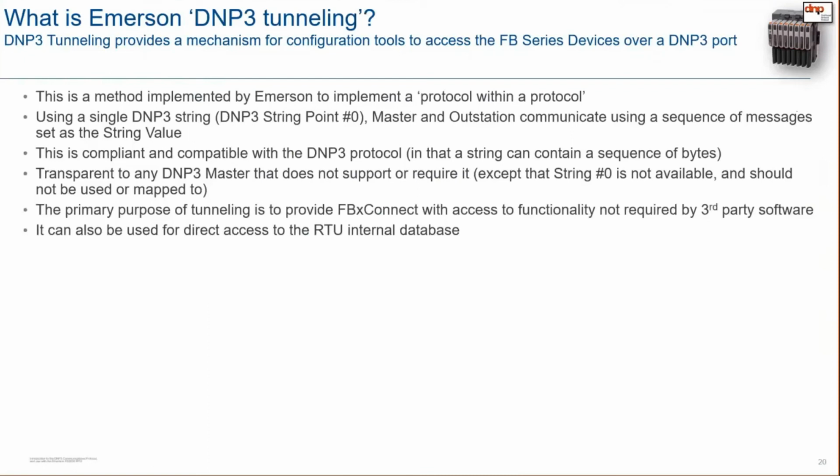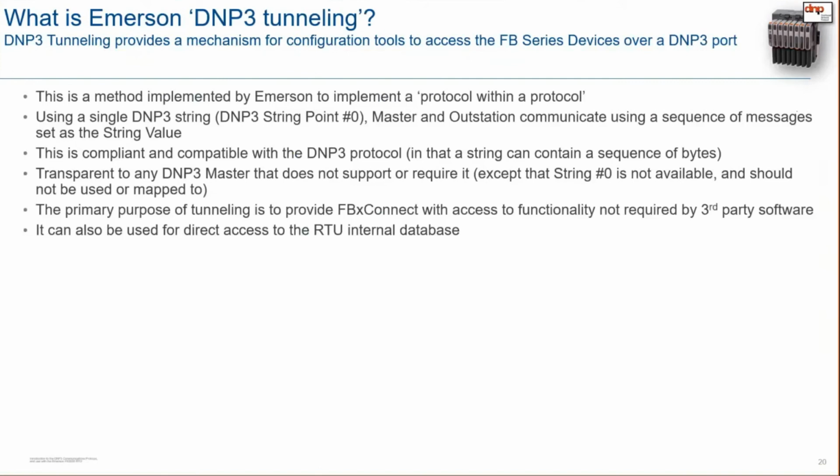We've effectively come up with a mechanism whereby we've implemented a protocol within a protocol. And the way we've done it is with a DNP3 string, that's a point type, the string point type, with the index of 0, which the SCADA master and the RTU can read and write to. So they communicate by changing the value of that string.